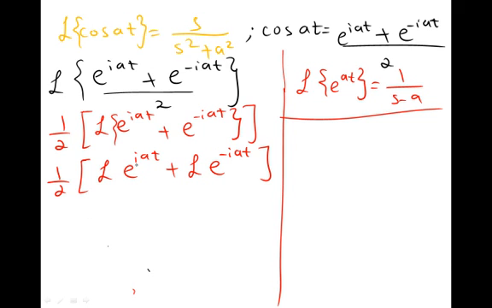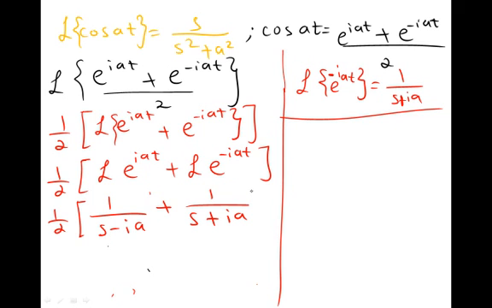So here, e to the power of minus iat, if you have an i, you have an i here again, so it's going to be 1 over 2, 1 over s minus ia plus 1 over, here if you have a minus, this is going to be changed to plus because there are going to be 2 minuses, will give us a plus ia here.